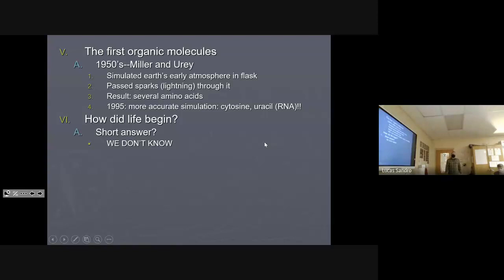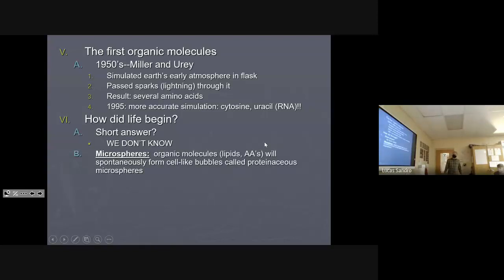Here are things we do know. If you put some random lipids, amino acids, and other stuff together and heat them in water, you can get what are called microspheres, which are kind of cell-like. The phospholipids will make the double layer by themselves.